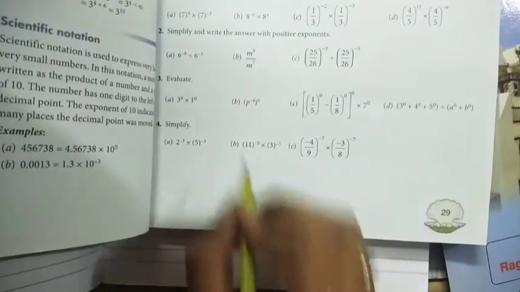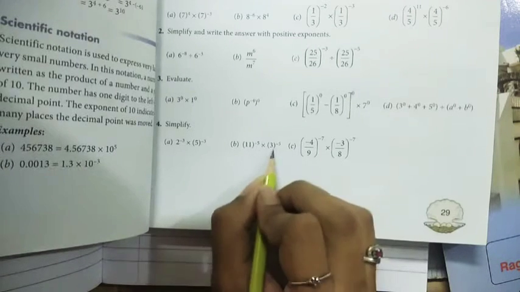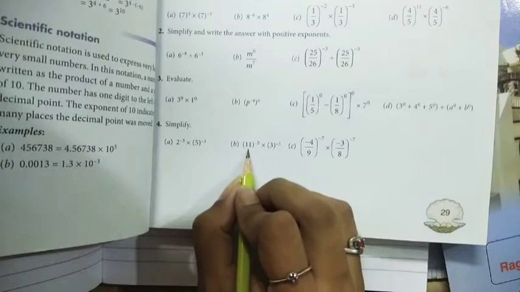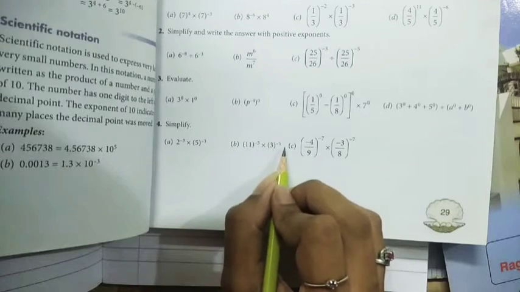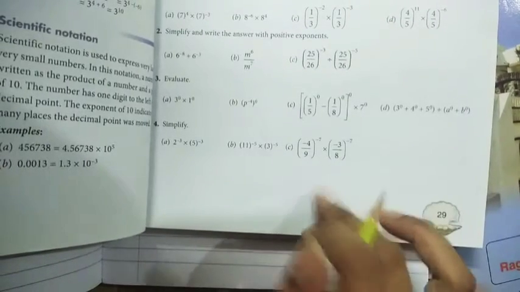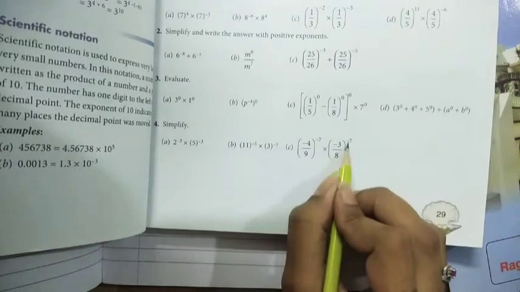Like in the second part also, the bases are different and the powers are the same. So in this what we have to do is 11 multiplied by 3 and the whole power becomes minus 5. Now in C part also the bases are different but the powers are the same.